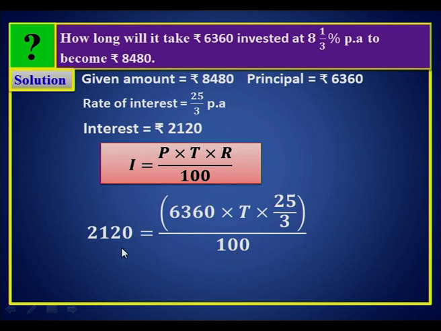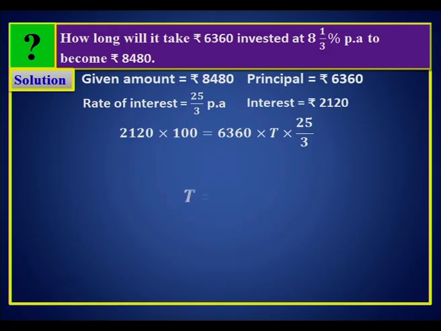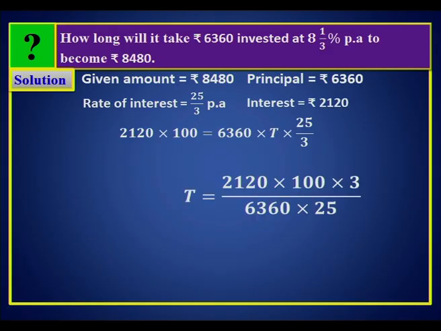That means, we get 2,120 into 100 is 6,360 into T into 25 by 3. Now, what is the value of T from this? Yes, 2,120 into 100 into 3 divided by 6,360 into 25. Let us simplify them. So, 25 goes 1 time in 25 and 4 times in 100.